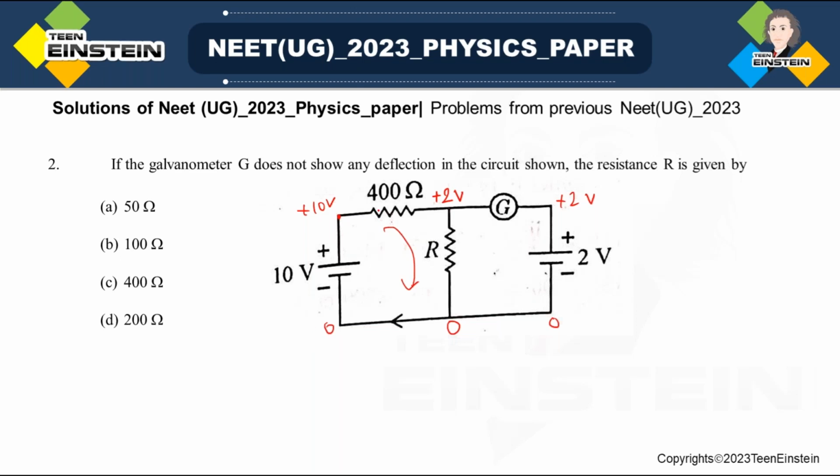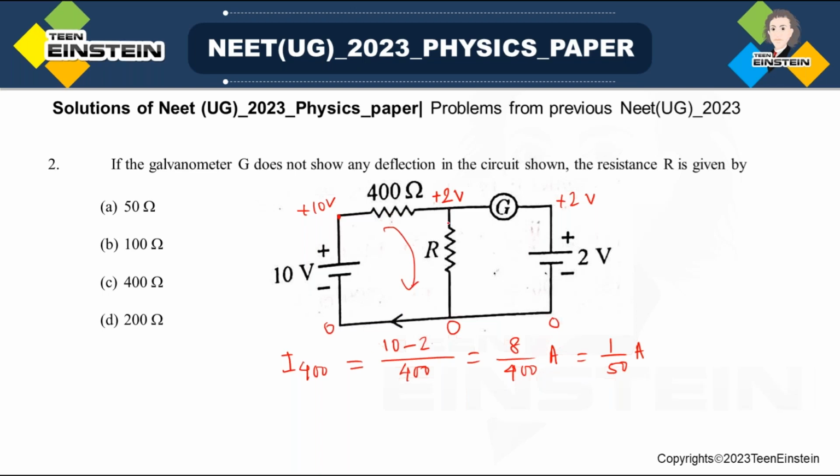Current through this 400 ohm will be 10 minus 2 divided by 400. So this will be the current through it. Okay, now see, this will be equal to 8 by 400, which is in ampere, 1 over 50.